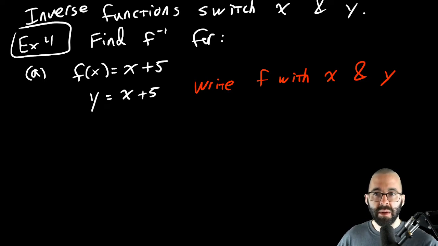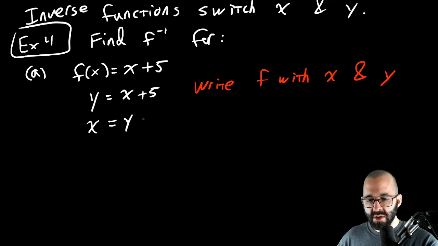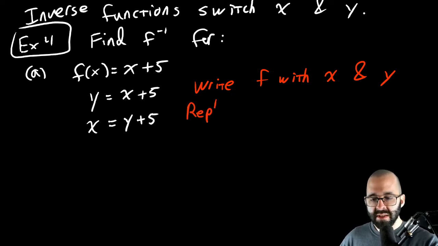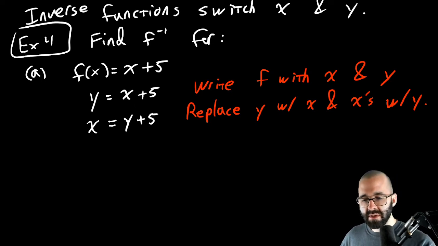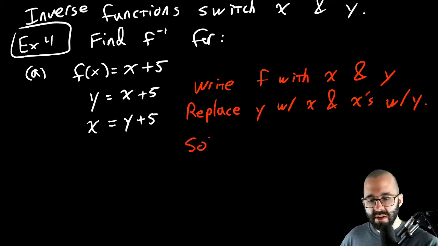So that's our first step. The next step, we're going to switch the x's and the y's. We're going to replace the y's with x and the x's with y. And there might be multiple x's that we replace. And the next step is solve for y.